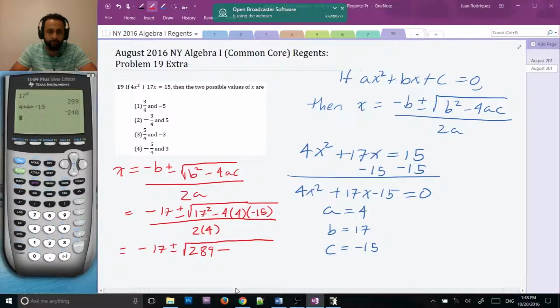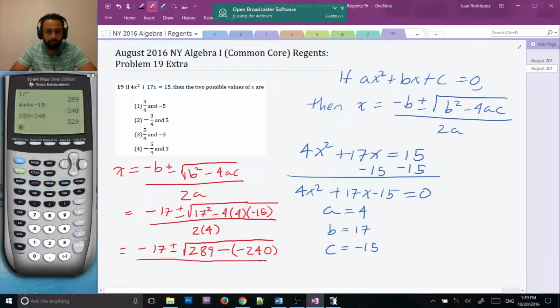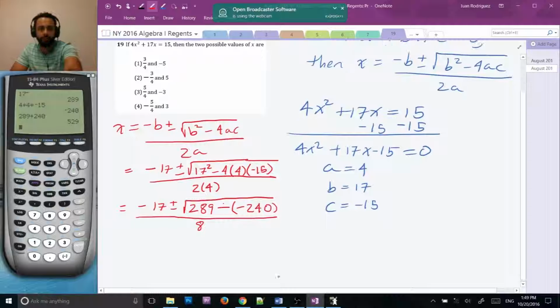Subtracting negative 240 is the same thing as adding 240. So 289 plus 240 is 529, over 2 times 4, which is 8. Okay, equals negative 17 plus or minus the square root of 529 over 8.